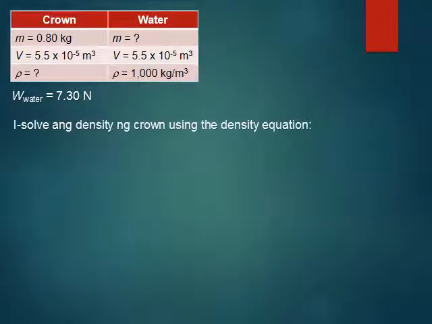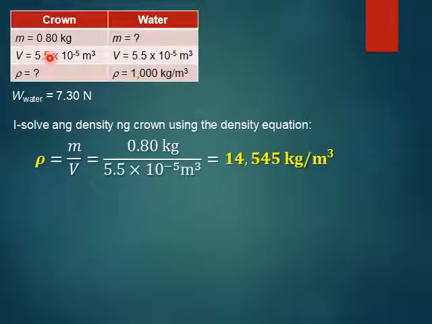So, ngayon, isosolve na natin ang density ng crown since meron na tayo nito. Ayan na siya sa given natin using the density equation. So, we have mass over volume, so that's 0.80 kilograms divided by 5.5 times 10 to the negative 5 cubic meters. So, that's equal to 14,545 kilograms per cubic meter.